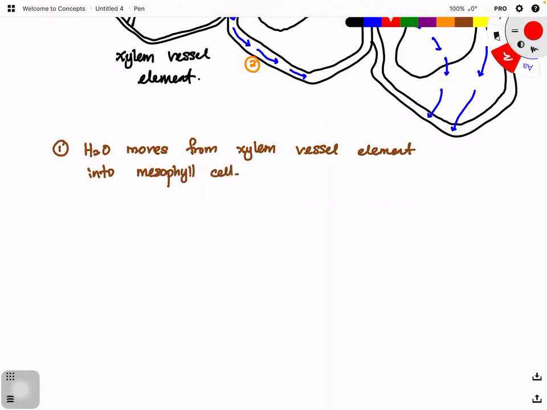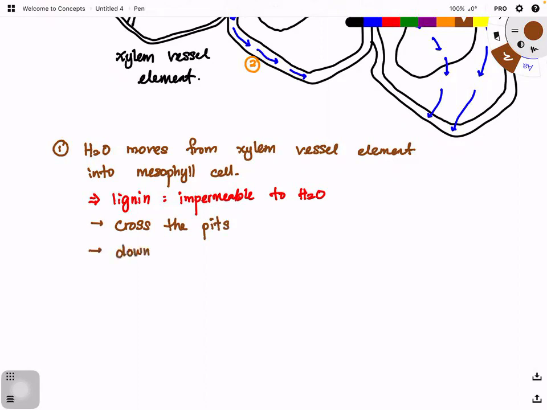Okay, and we do know that because of the presence of lignin, lignin is totally impermeable to water molecules. So therefore, this water molecule has to cross the pits, down the water potential gradient.